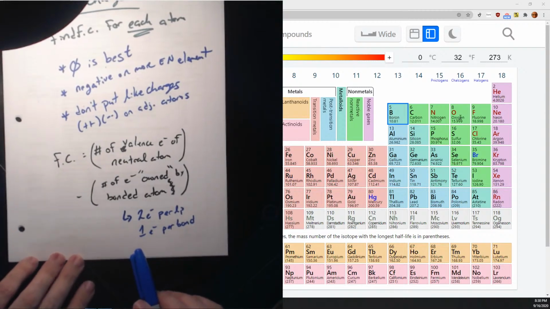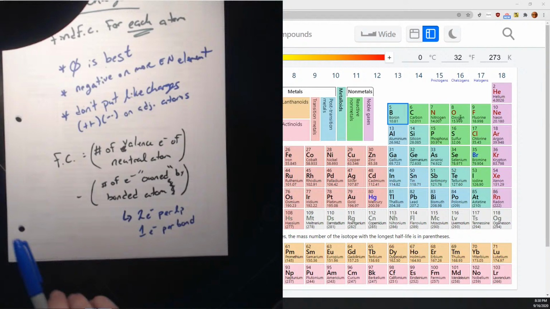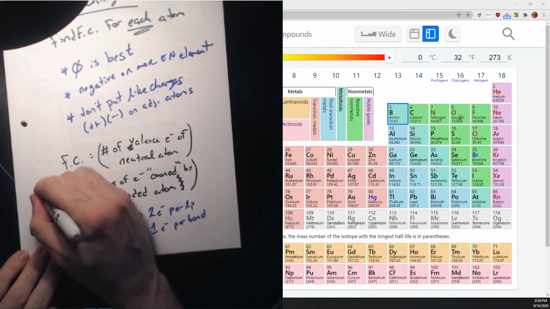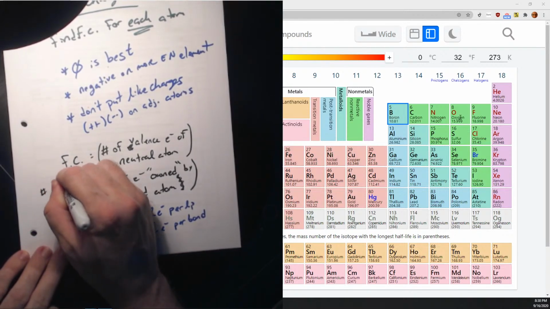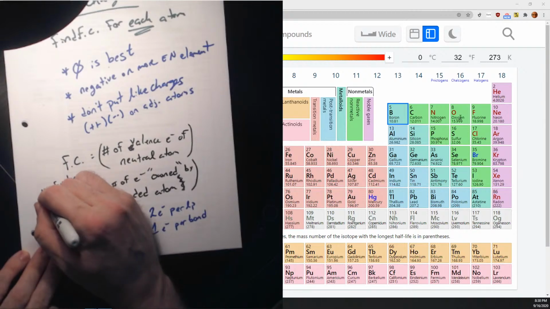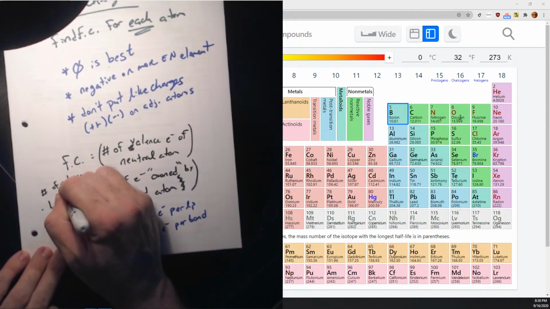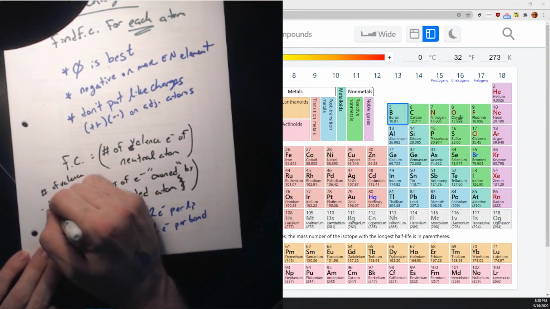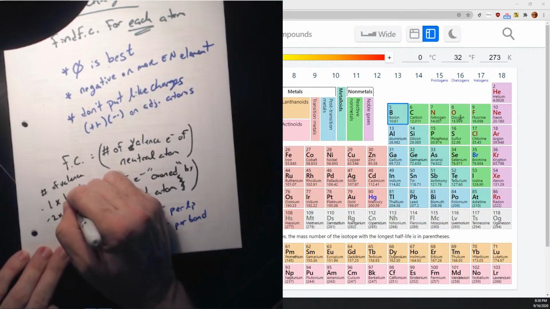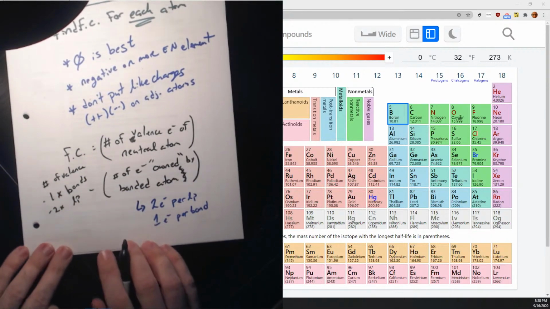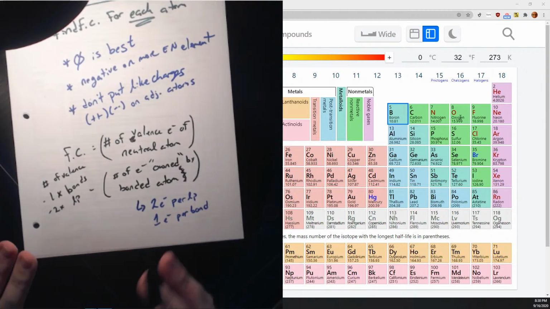So if you're watching the lecture videos put up by Shelby Duffy, trying the school, then they would tell you that it is the number of valence electrons minus 1 times the number of bonds minus 2 times the number of lone pairs. So what you'll end up with is 3 numbers under each atom.